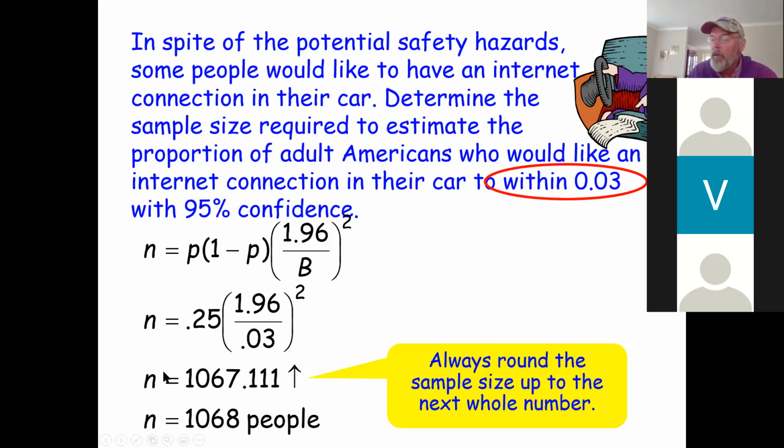And with this in mind, we get a sample size of 1,067 with some numbers that are the quotient of that. So in this particular case, we want to be conservative, and therefore we want to always round up, okay? Always round up with a sample size and make it a whole number.